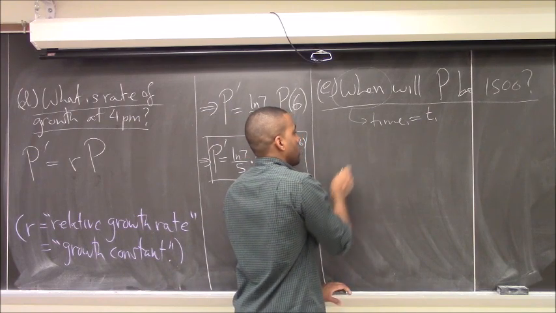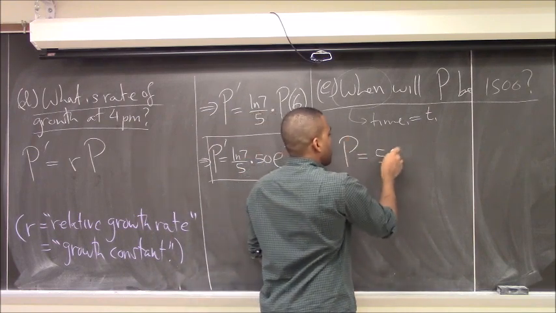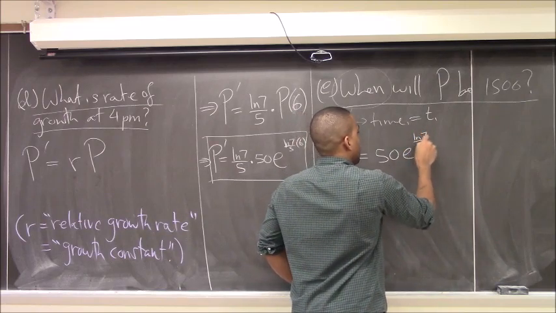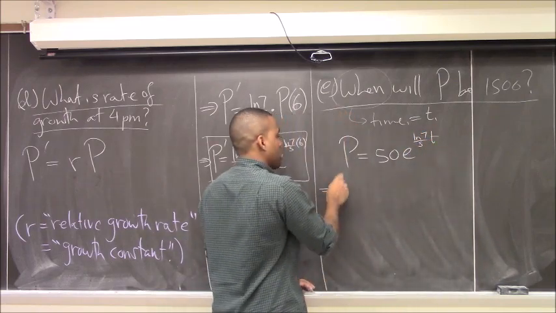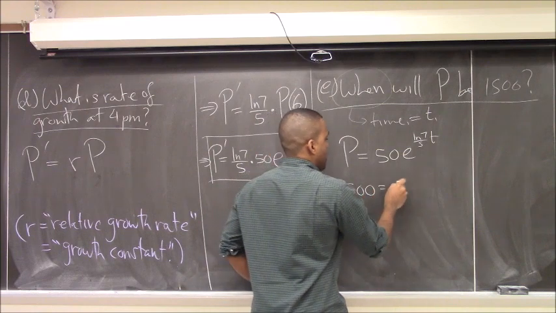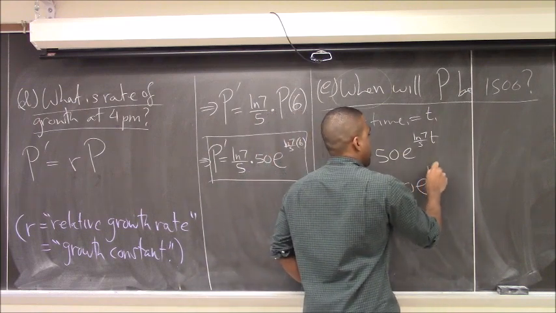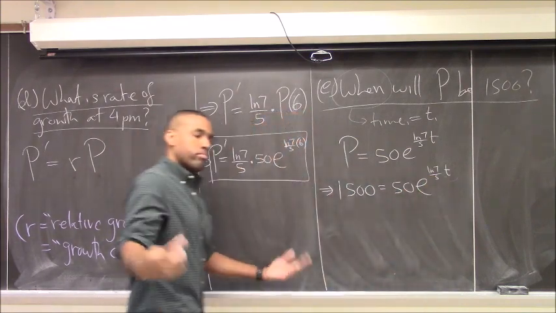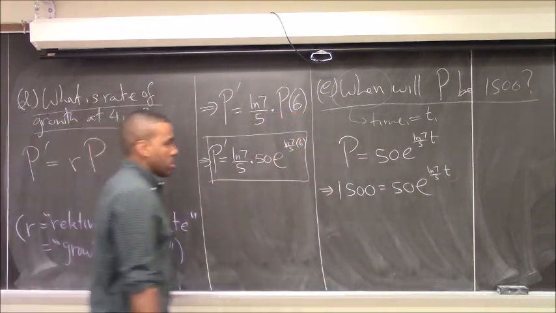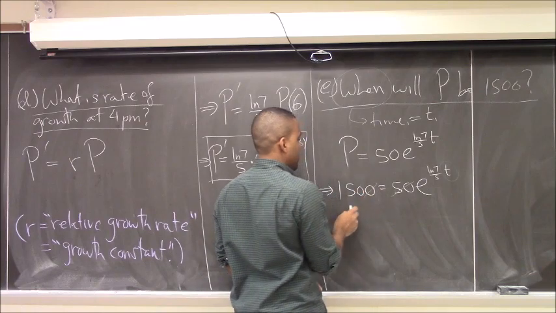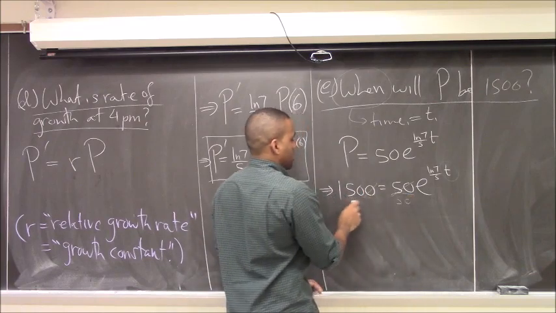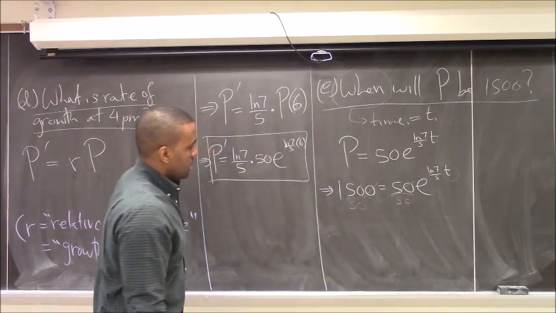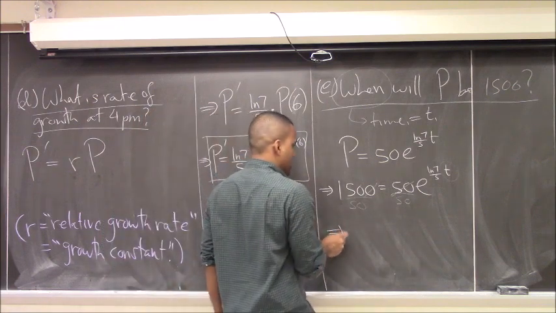1,500 equals. We know that P is equal to 50 e to the ln of 7 over 5 t. So we're just going to plug in 1,500 for this, and basically we want to solve for time. So I would divide both sides by 50. 50 over 50, what does that become on this side? 30.